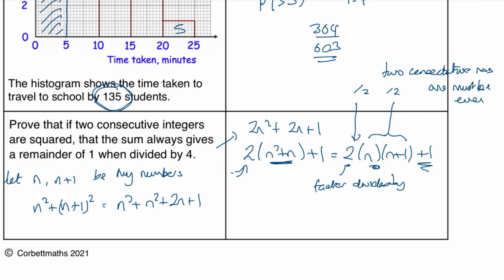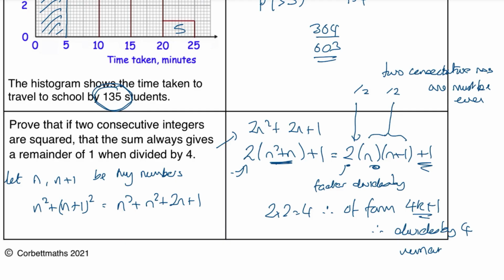Now, you don't need to explain why. The examiner knows what to look for. The examiner knows what the answer is, or they should do. So all they're looking for is you to show that you understand that. And so therefore, I've got 2 things that multiply by 2, and because 2 times 2 equals 4, therefore of the form, and this is a really good way of answering it, 4k plus 1, therefore divides by 4, remainder 1, which is the question.